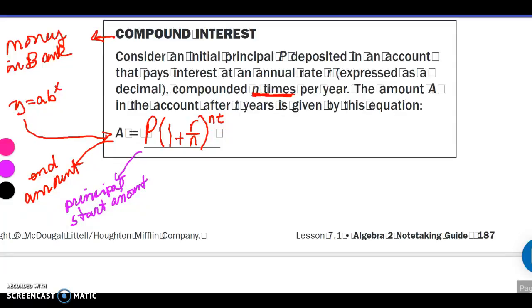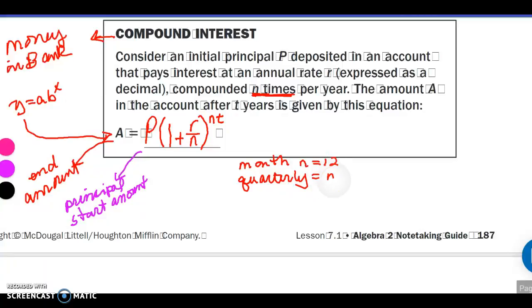So let's talk about that n. If the problem says that the interest is compounding monthly, then your n number would be 12, because there are 12 months in a year. If it said it was being compounded quarterly, well, quarterly means 4 times a year. They've divided the year into 4 sections of 3 months each.